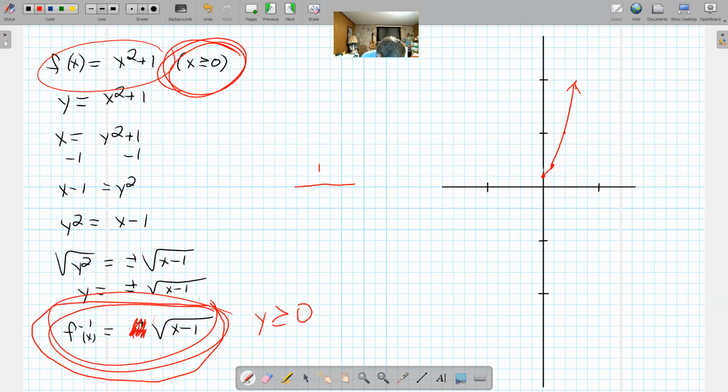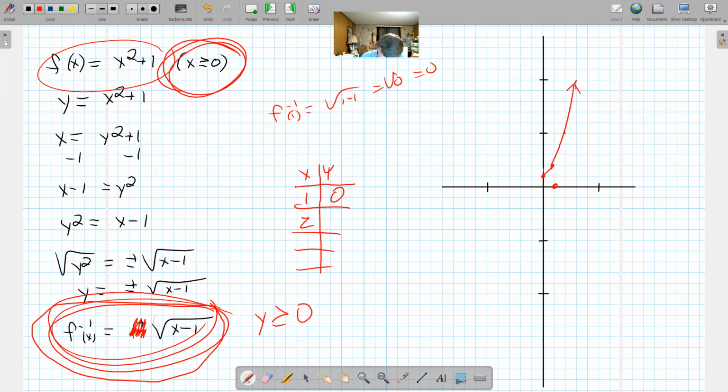And let's find some values. How about if I let x equal 1? Here, f inverse of 1 would be the square root of 1 minus 1, which is the square root of 0, which is 0. So we're going to get 1, 0.